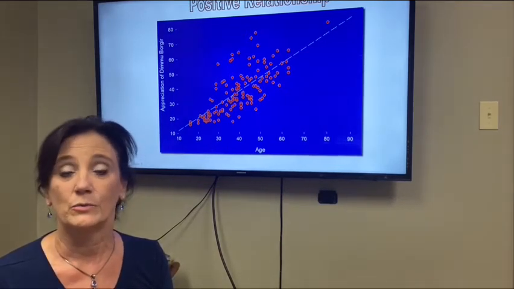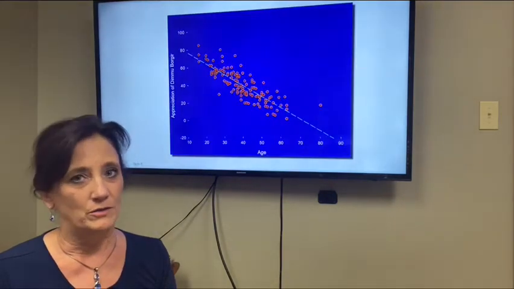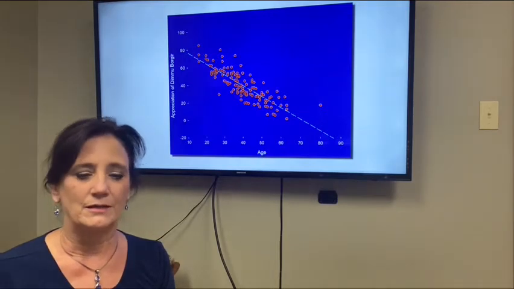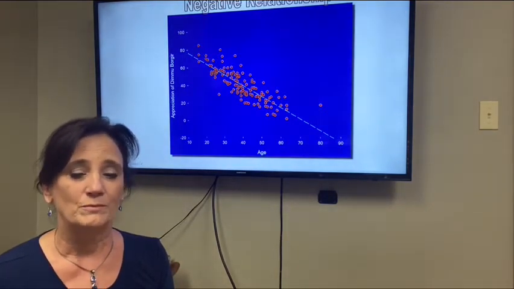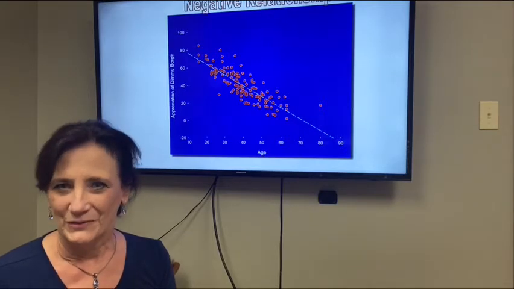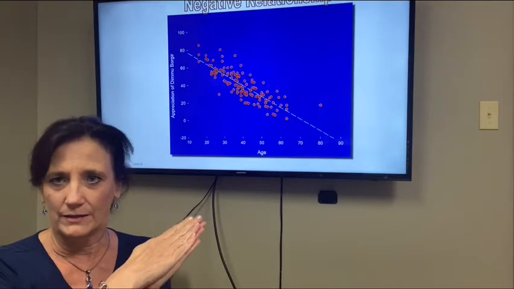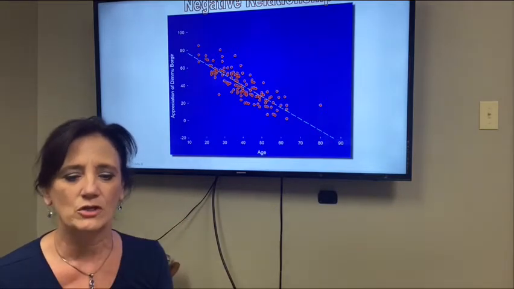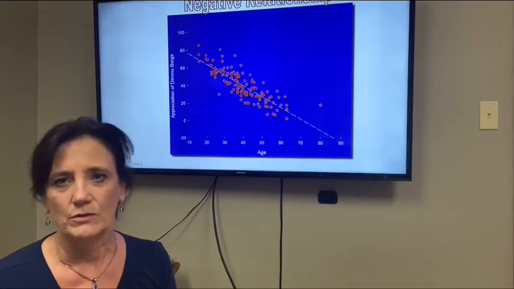Okay, and then we will compare that to dots going the other direction, and at this point you can say, that relationship must be negative. Again, it is a very close grouping of the dots to that line, suggesting a stronger relationship, but going in that other direction lets you know that it's negative.